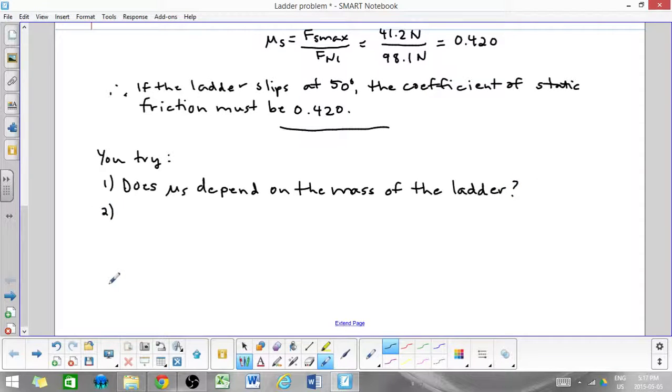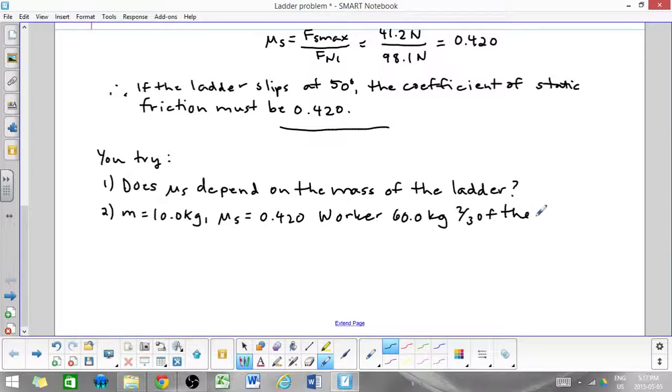Second, and this is a more complicated question to solve, take the mass of the ladder equal to 10 kilograms. Again, you can give it a mass. Same coefficient of static friction. Now there's a worker with a mass of 60 kilograms two-thirds of the way up the ladder.